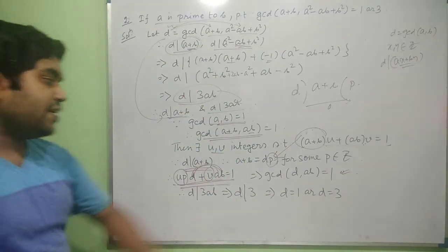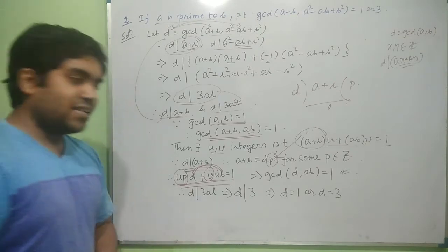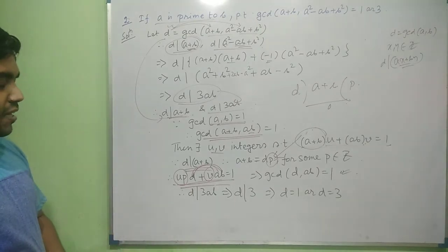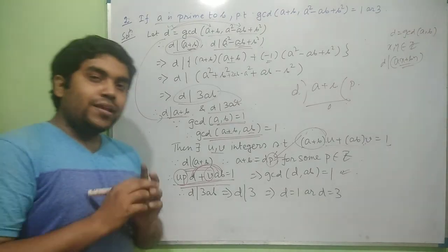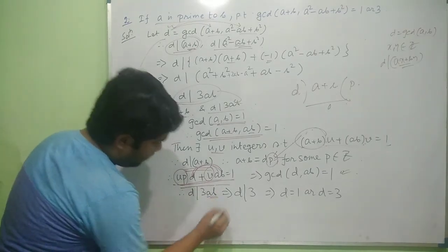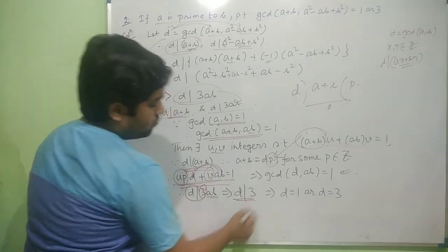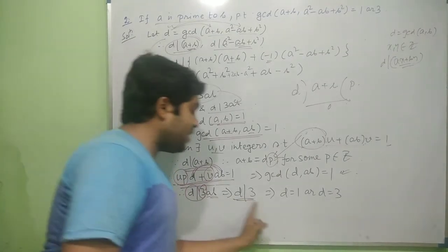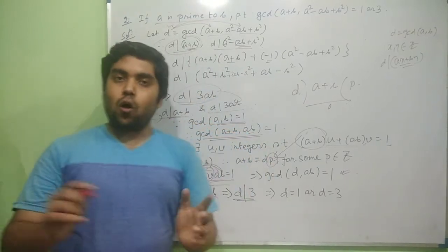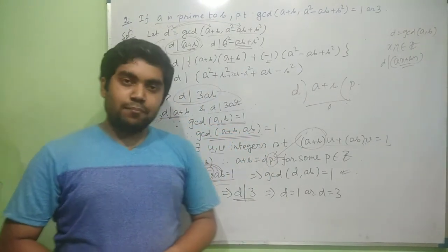Since the GCD of d and AB equals 1, and we have d divides 3AB, d will never be a factor of AB, hence d must divide 3. This is our conclusion.